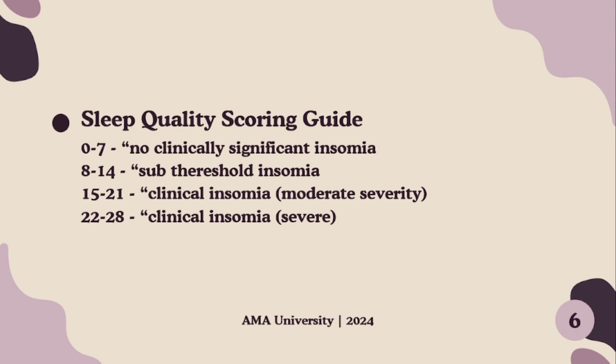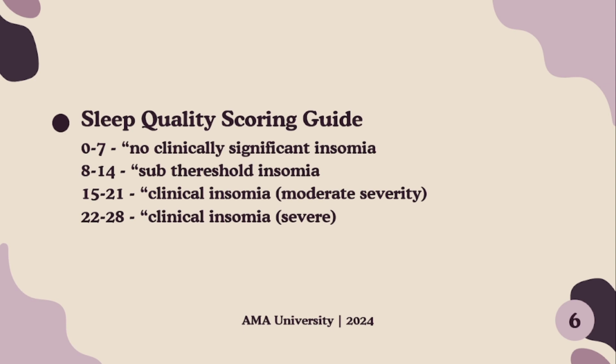For the sleep quality scoring guide, if our respondents have a score of 0 to 7, it means they have no clinically significant insomnia. For 8 to 14, they have sub-threshold insomnia. 15 to 21, clinical insomnia of moderate severity.